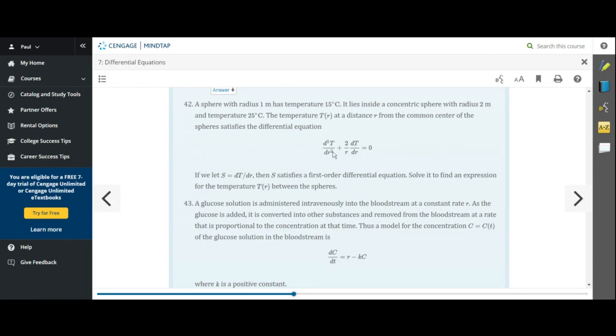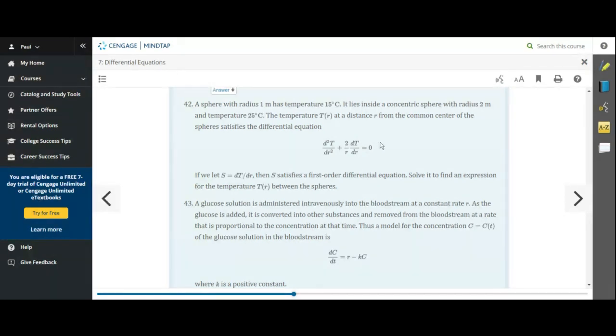So notice that we have here a second order differential equation. And in order to solve this, there's a little trick we can do. We can define S to be dT/dr. This is an approach that is used to take a second order differential equation and break it down into a first order differential equation.